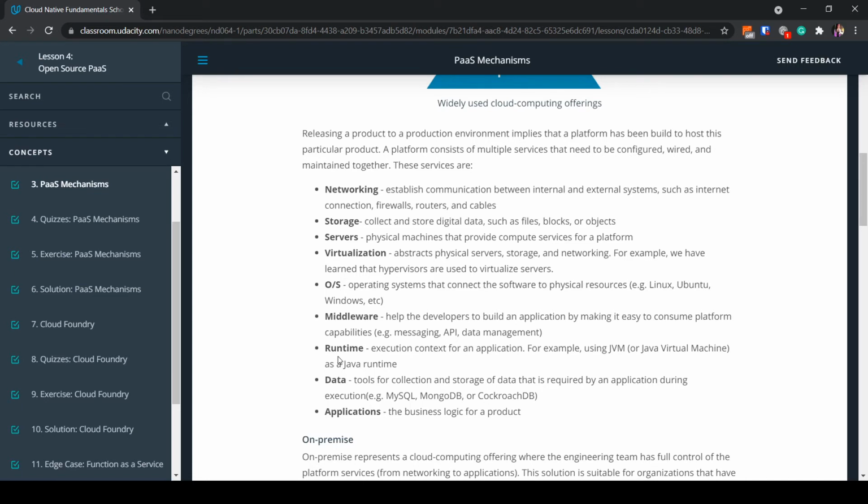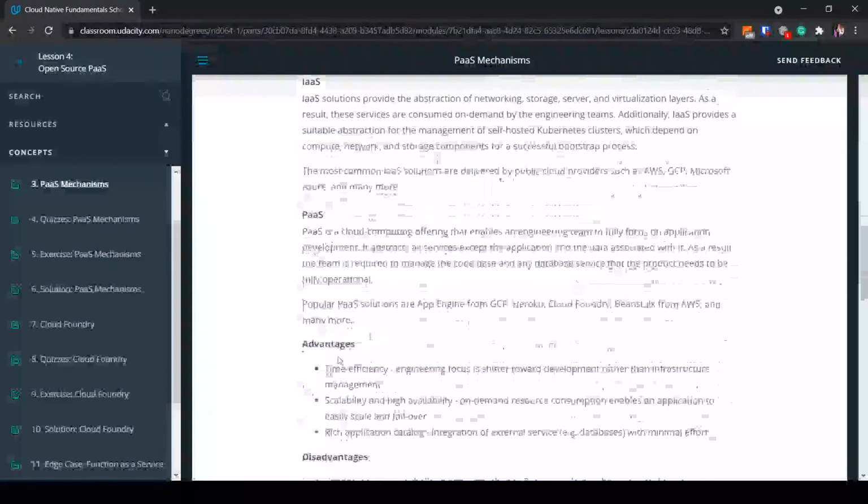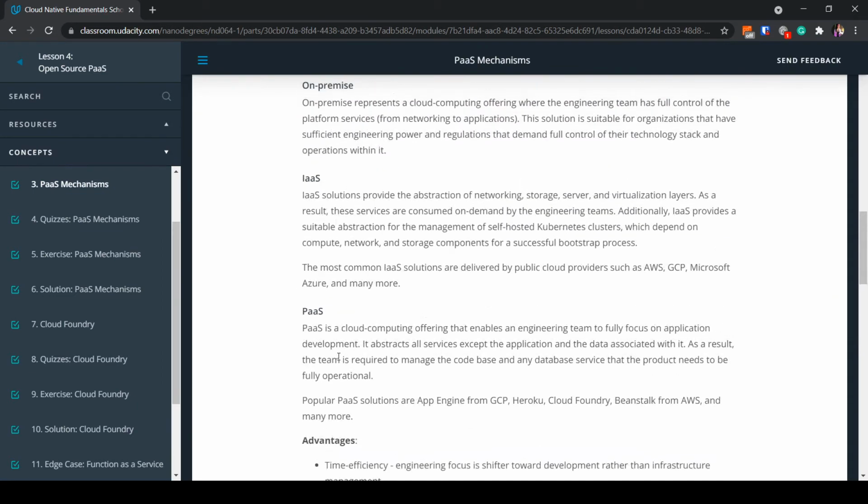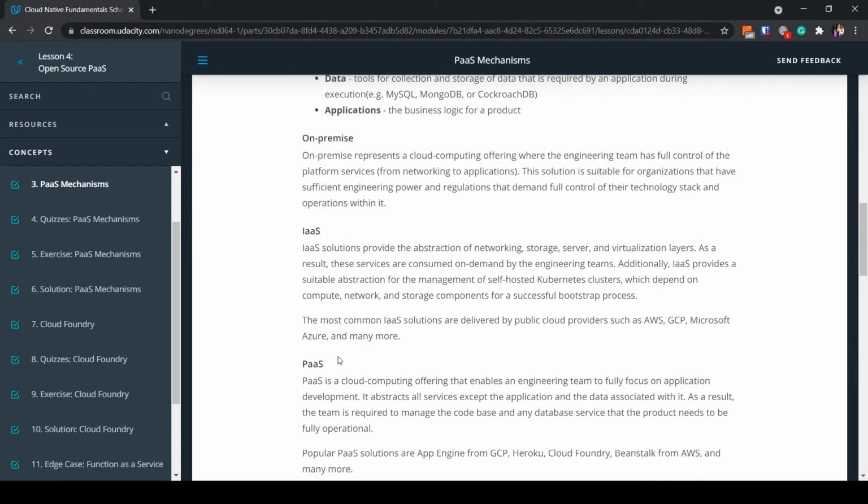Next is platform as a service. Basically, you do not have to worry about much at all. It's the easiest to get set up with. It doesn't take any time, so they will handle the networking, storage, servers, virtualization, operating system, middleware, and even the runtime.